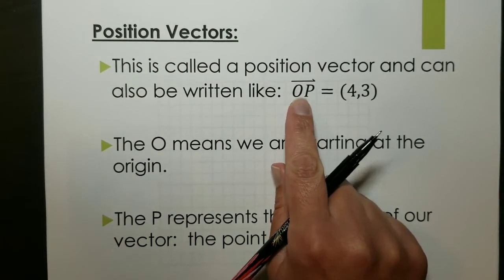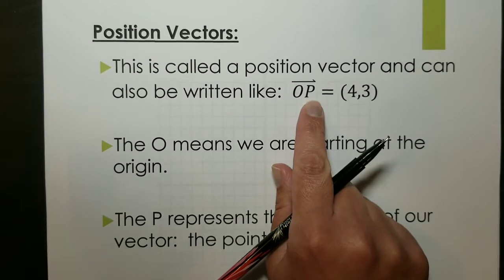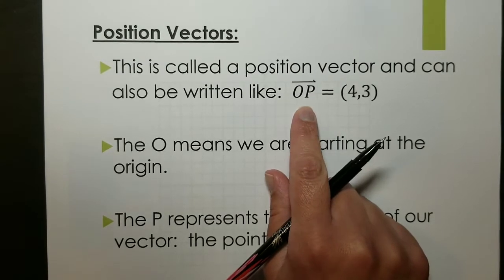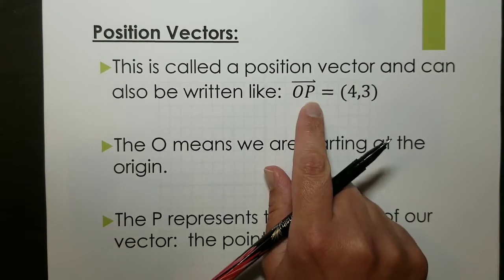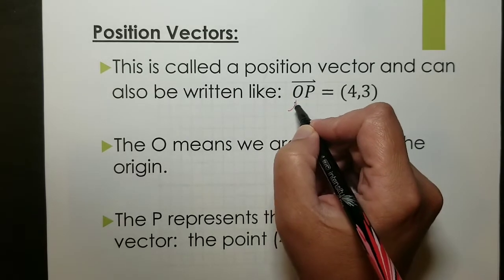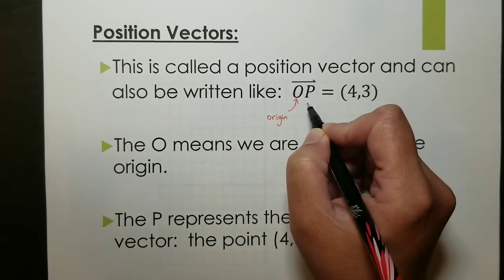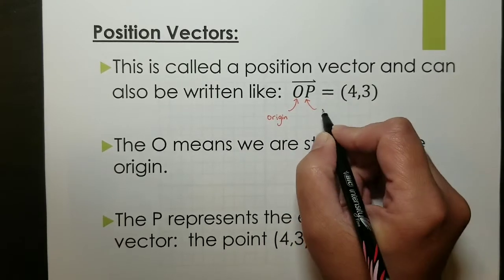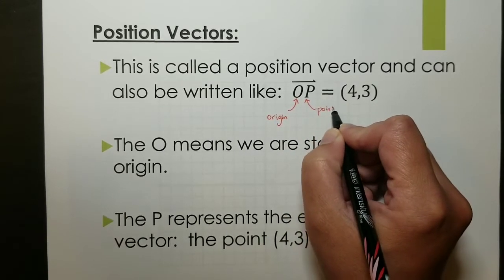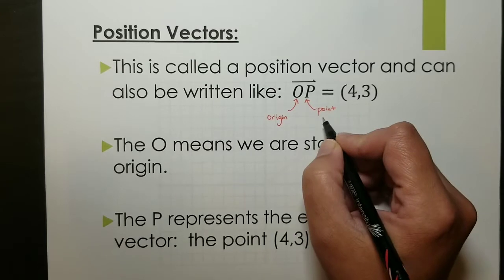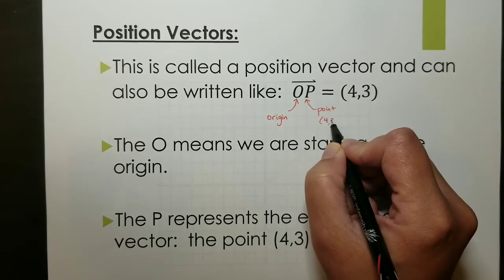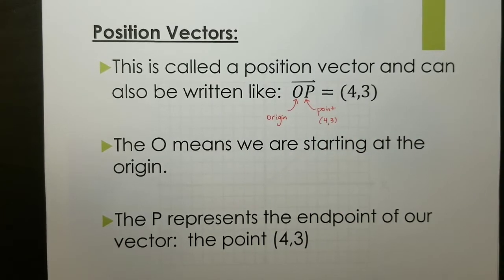Remember that we can write this as a starting and ending, like vector AB that we saw a lot of. So this would be vector OP. O means the origin, and P is the point where the vector ends. So this goes from the origin to point 4, 3.